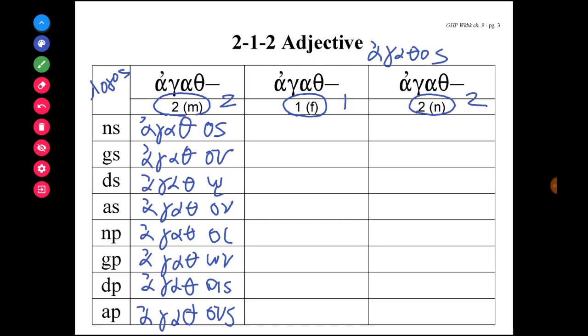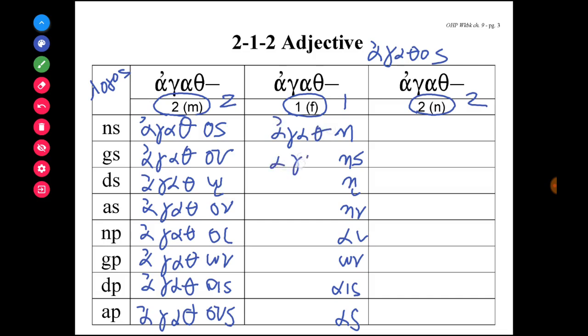But what if agathe modifies a feminine noun, then it would use the first declension feminine endings. And you know the endings for the first declension feminine endings. They are a, es, e, en, ai, on, ais, as. And therefore just add the stem, as you did before.